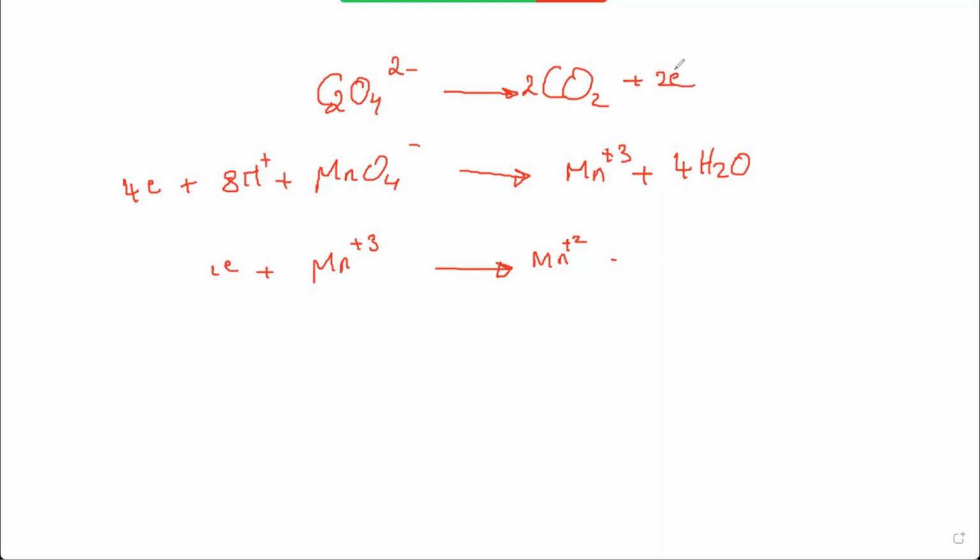So here the number of electrons has to cancel out the rest of the electrons on these two equations, let's say 2 and 3.